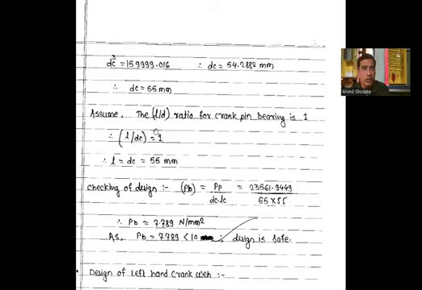Then assume the L by D ratio for the crank pin bearing is always 1. So L by DC is equal to 1, therefore L is equal to DC is equal to 55 mm.